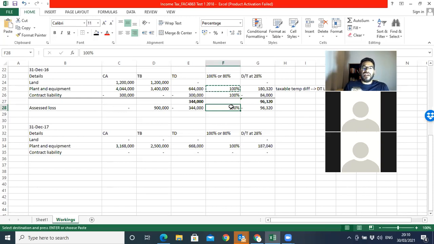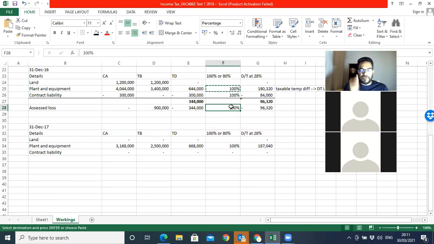In that case, before you recognize zero, before you recognize nothing, you ask yourself, okay, I've concluded that I won't have sufficient taxable income in the future. Therefore, I cannot recognize this assessed loss as a deferred tax asset because it does not meet the recognition criteria.